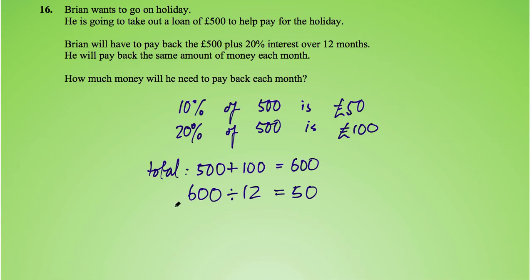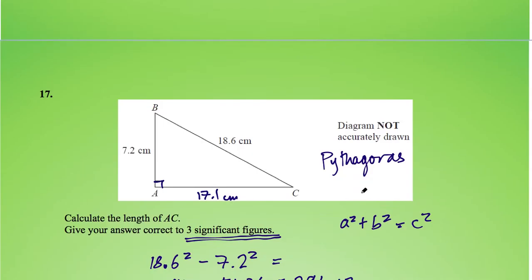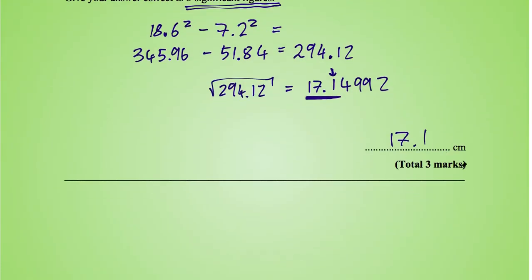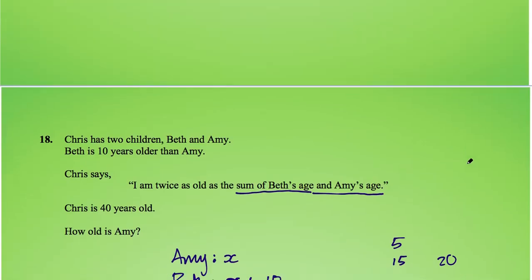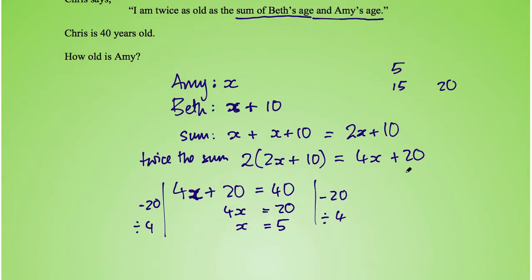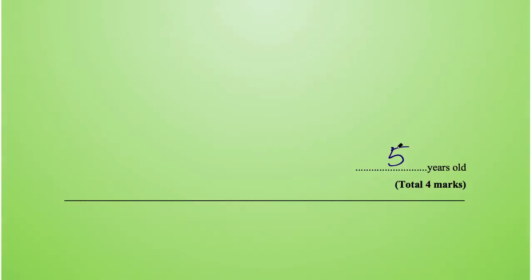Question 16, he has a loan of ultimately £600 with the interest added, divided by 12 is £50 per month. Question 17, 17.1 centimetres to 3 significant figures. Question 18, use algebra to solve this. Amy is 5 years old.